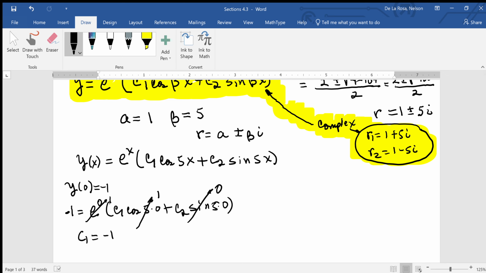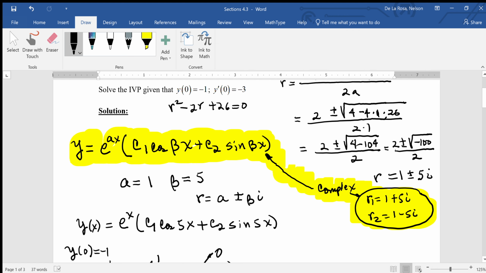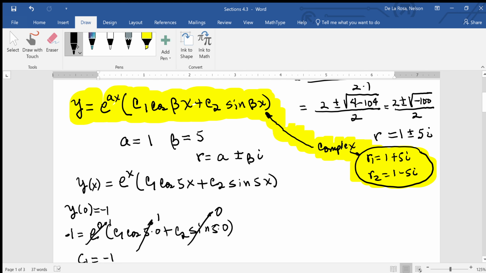We have another condition that involves the derivative, and that is given in the problem. The other condition is that y prime at 0 is -3. To use this condition, we have to apply the product rule to the general form, because it involves a product of an exponential and a parenthesis containing trigonometric functions.